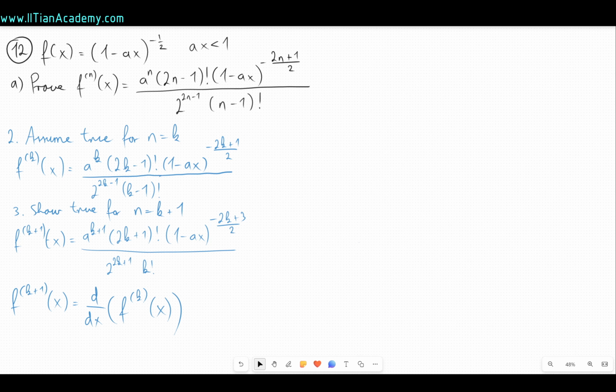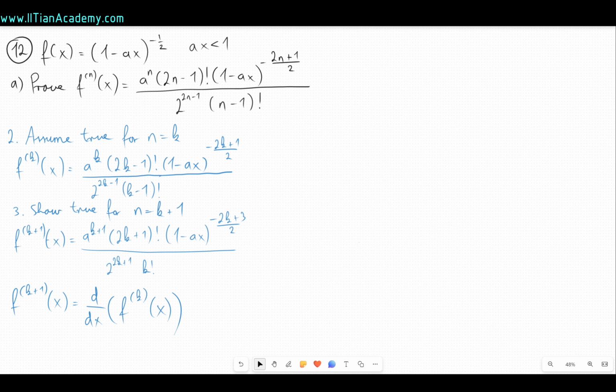Firstly, what I would want to do is take out all of the constants here. Anything that doesn't have an x, we call a constant. So like this term, this term, this term, this term, they're all constants, so we don't need to take the derivative of those. Those can just be simply pulled out. So let's pull those out.